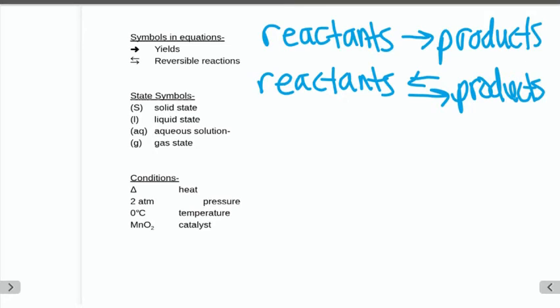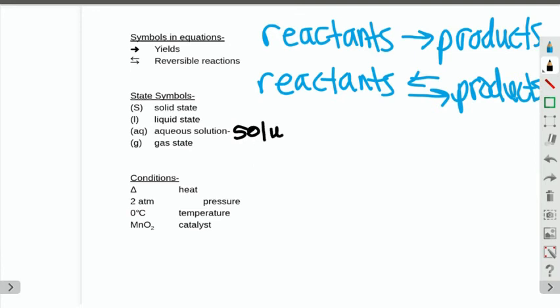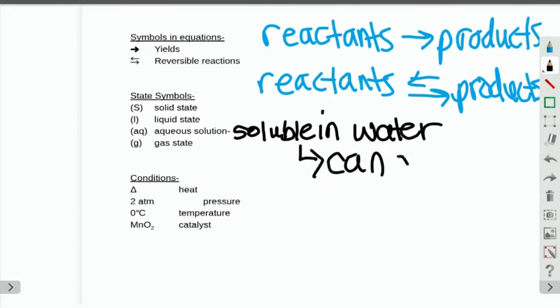Some more symbols that I briefly went over were the state symbols. So whatever state the substance is in, either a solid, liquid, aqueous, or gas. Aqueous just means that it is soluble in water. And soluble really means that it can dissolve.